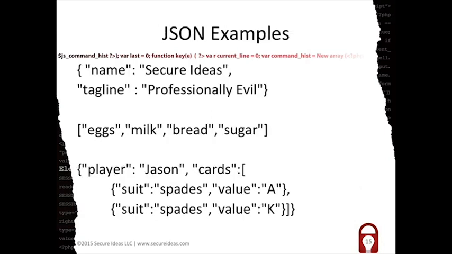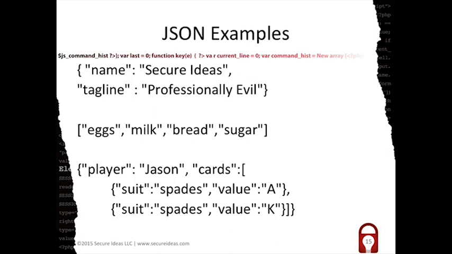Looking at JSON examples, if you haven't seen it before, if you have seen Python before, this probably looks familiar too. There are three examples on this page. The first one is a simple object that has two key value pairs, a name and a tagline. The second one is the format for a list, basically. So we have eggs, milk, bread, and sugar in the list. The last one shows how these can be combined.